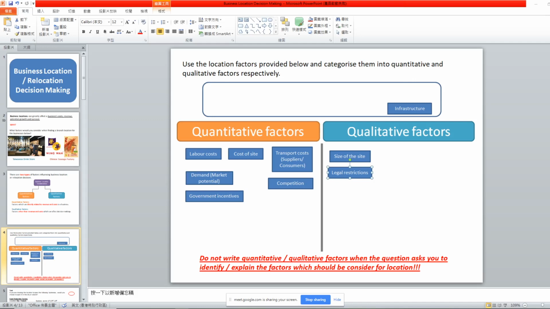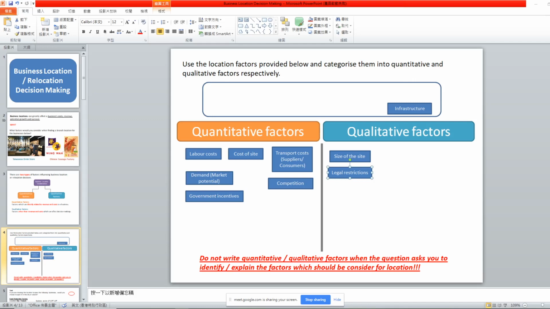So when we are trying to consider where we should locate our business, we have to make sure that we are complying with the regulations and legislation. Not because we have money then we can set up a business anywhere. There are so many legal restrictions behind.